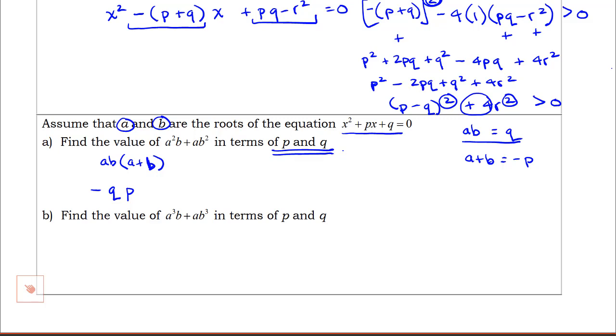Okay? Over here, we're going to factor out of AB again. And what do we have left? A squared plus B squared. And you go, I don't see anything here.